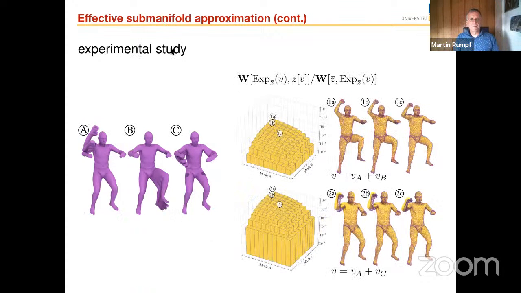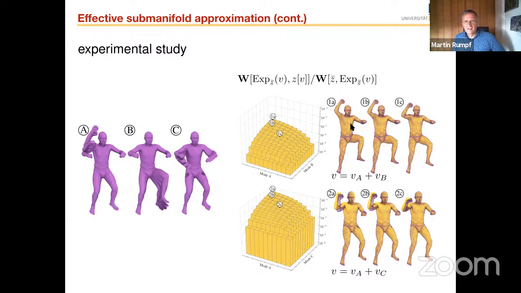So here you see an experimental study. These are these modes A, B, C. If we look at A and B, and here we do different computations for different multiples of these modes A and B, you see that they give a very nice reconstruction. The solid surface underneath is the exact solution.